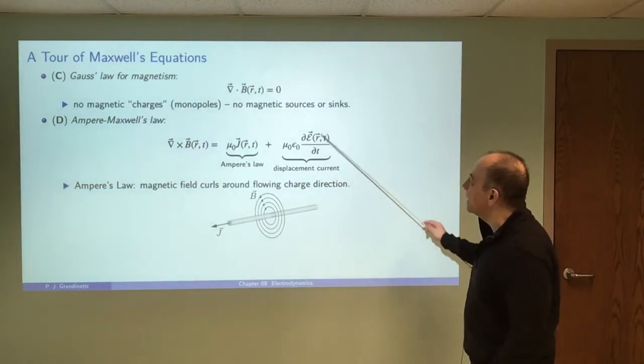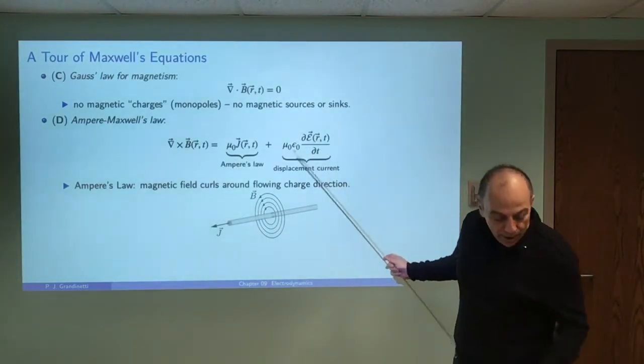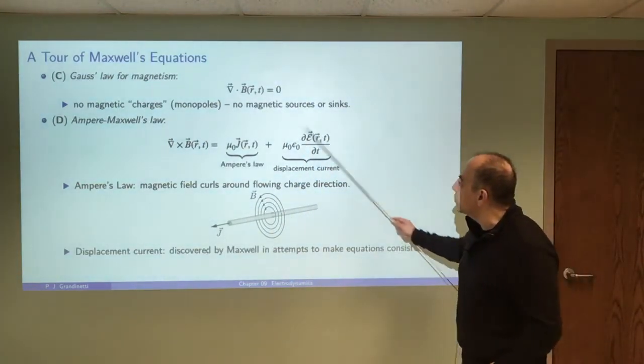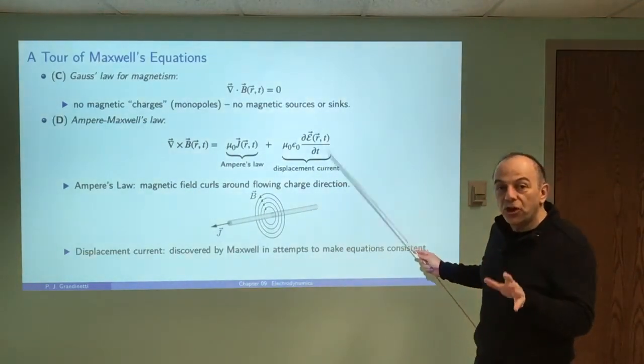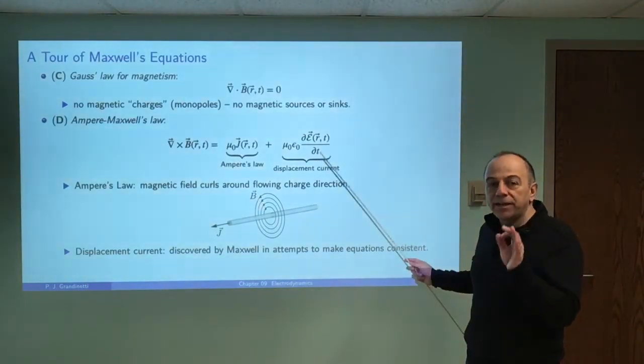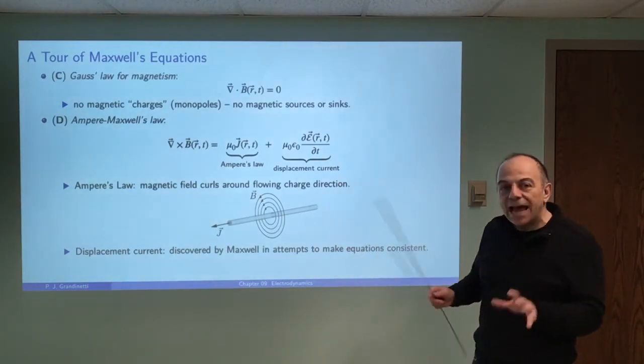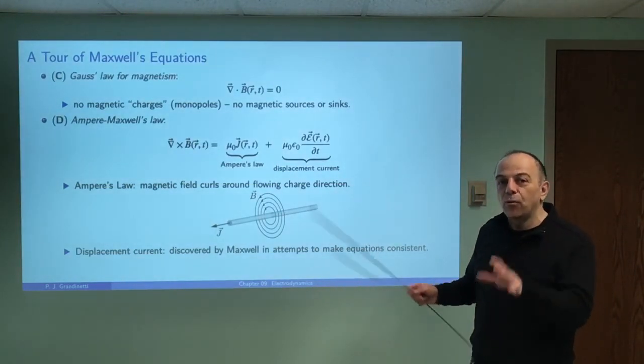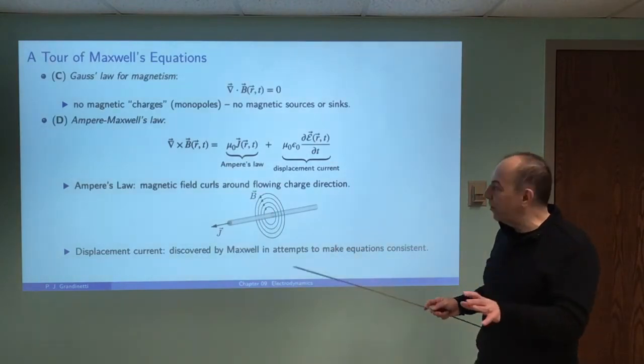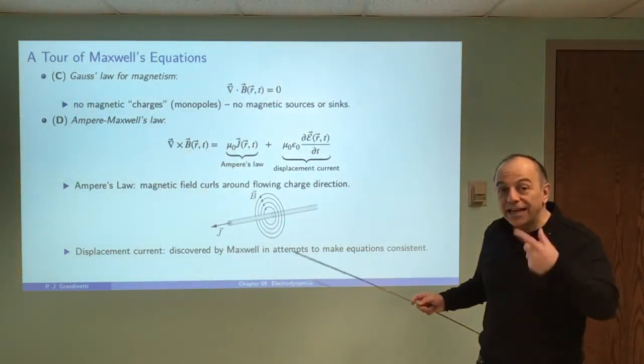And this one here was proposed by Maxwell. It wasn't known at the time, but he put it there to make all the equations consistent. He needed something analogous to Faraday's law, where the changing magnetic field caused a curl of the E field.